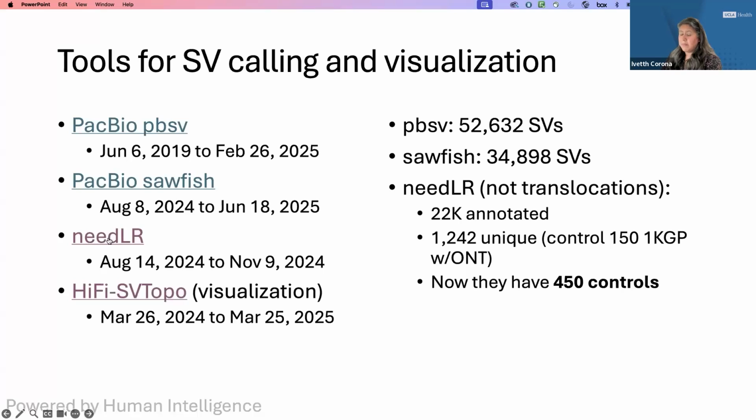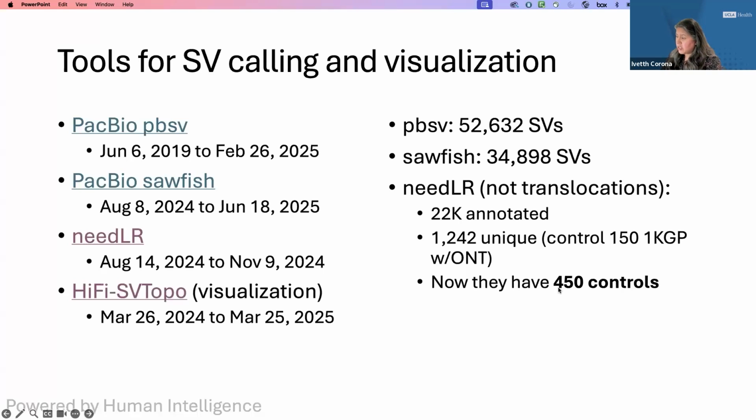The thing about Needler is that they are working together with a group that is sequencing, or the plan is to sequence, from the 1,000 genomes projects, 2,000, 10,000 genomes projects. They want to sequence more. We used this tool when they had 150 genomes already sequenced with ONT.